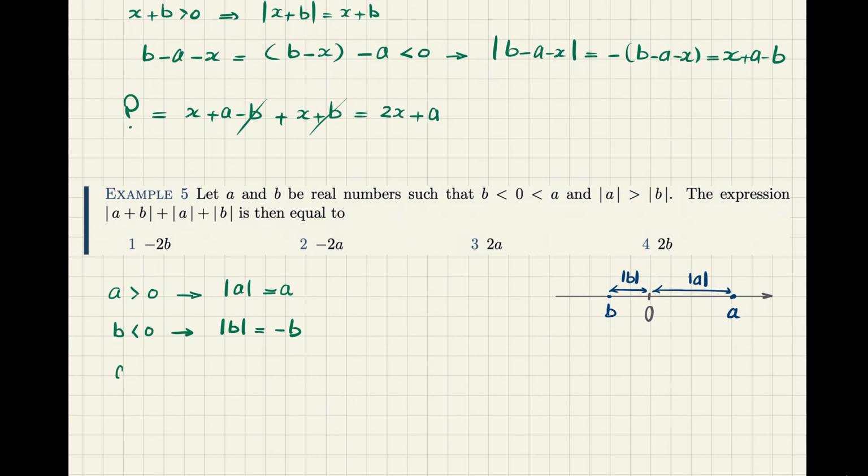But what is A plus B? Is it positive or negative? Be careful. If this condition was not given to me, I would not be able to determine for sure the sign of A plus B. Because in that case, what I know is that A is positive and B is negative.